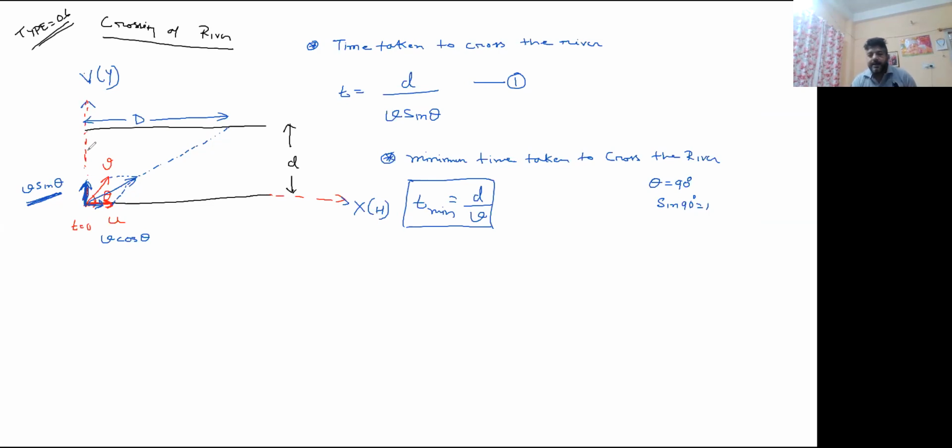Yes. So this capital D is called the downstream drift. This downstream drift is equal to velocity along which axis?